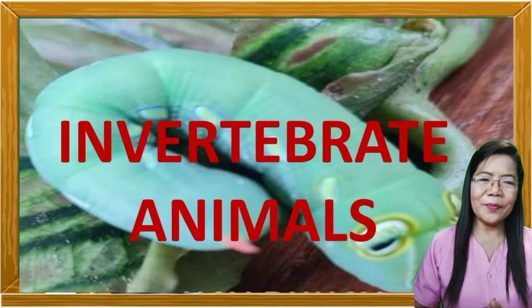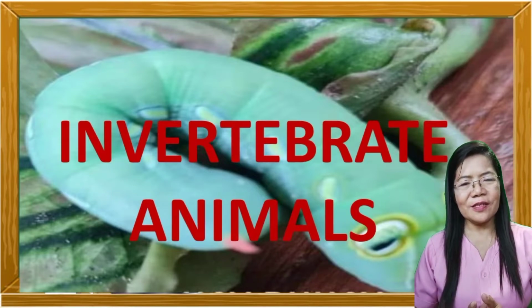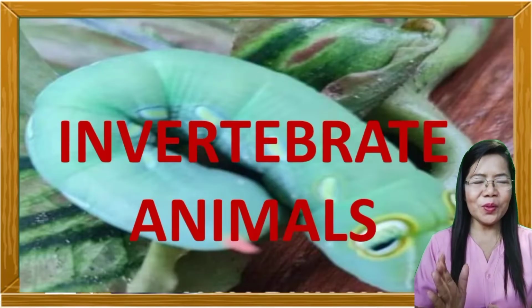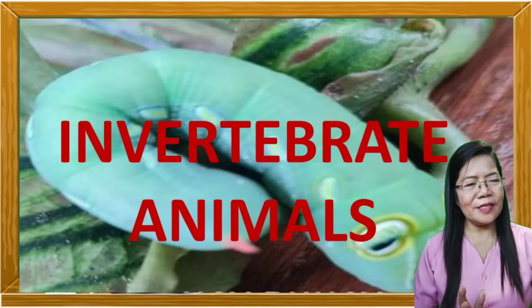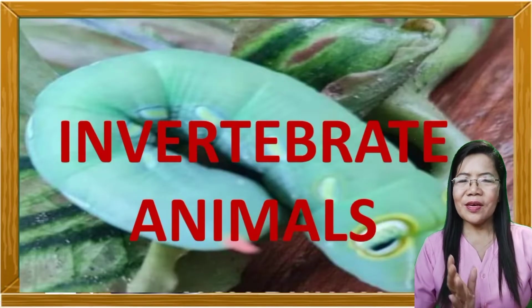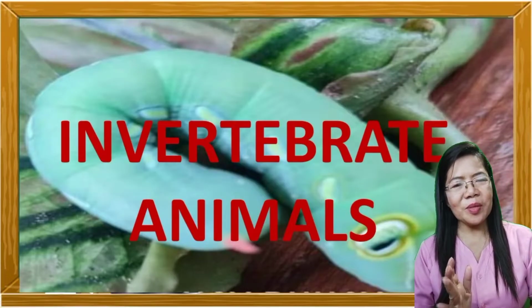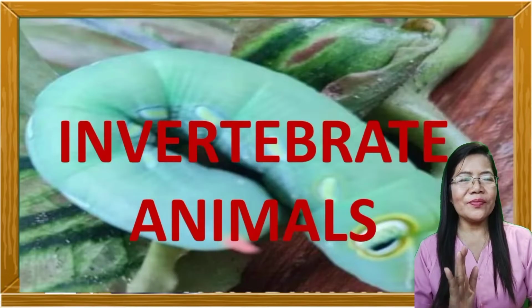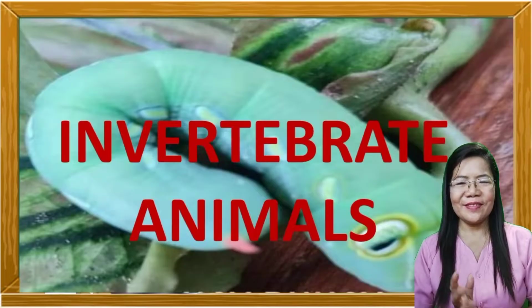It is said that the body parts and functions of invertebrates are very simple compared to those of the vertebrates. Hence, invertebrates are simple animals and were believed also as the first set of animals that live on Earth.